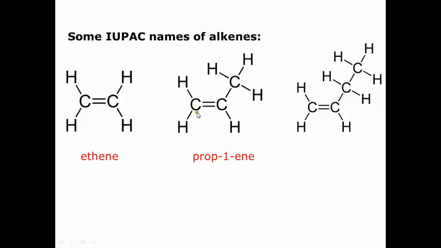This double bond begins at the very first carbon of my propane structure. Here I've got a 4-carbon structure, that's but, where that double bond begins at the very first carbon, and so the name of the structure is but-1-ene. So any alkene has a suffix ene.